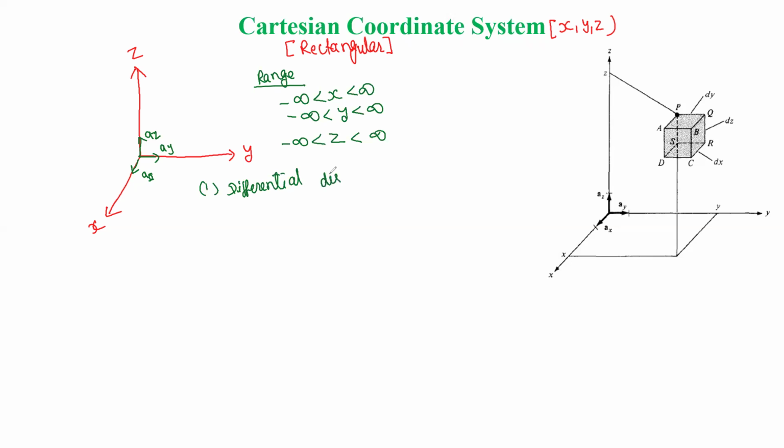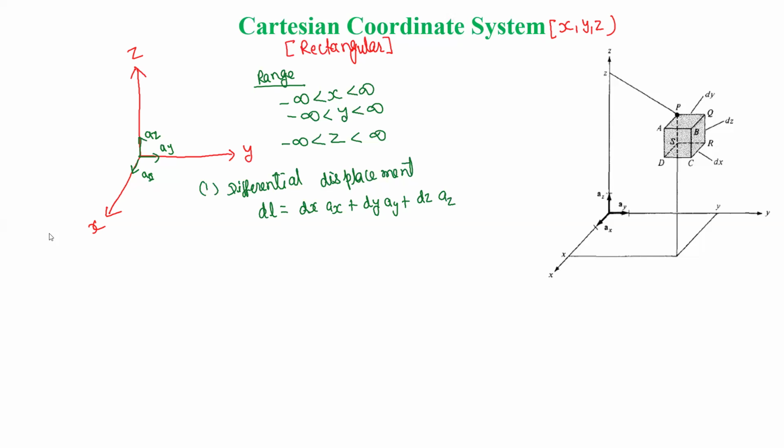So that differential displacement, in this case, we are going to represent by dl. It has dx ax plus dy ay plus dz az. So this is the representation for the differential displacement.